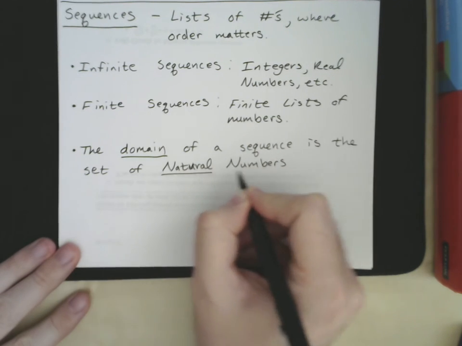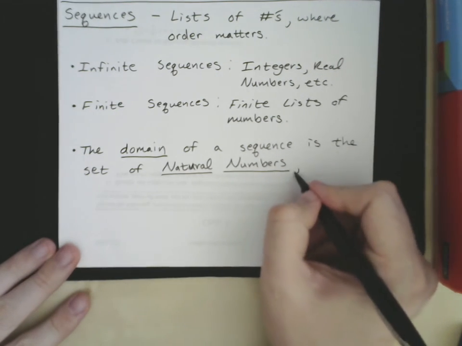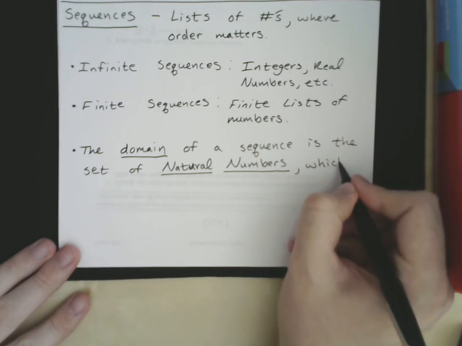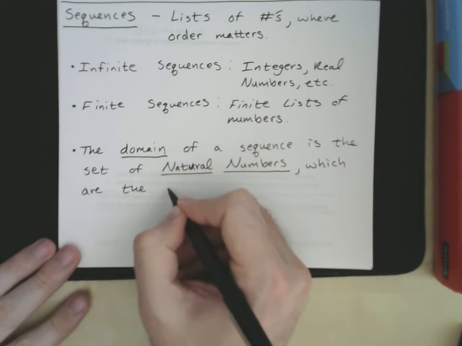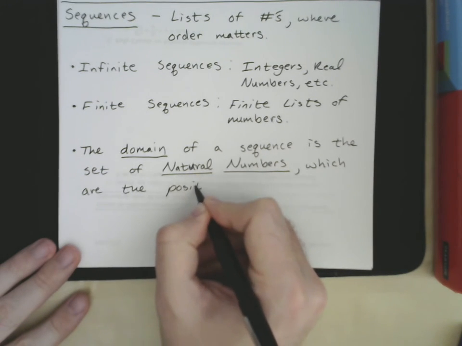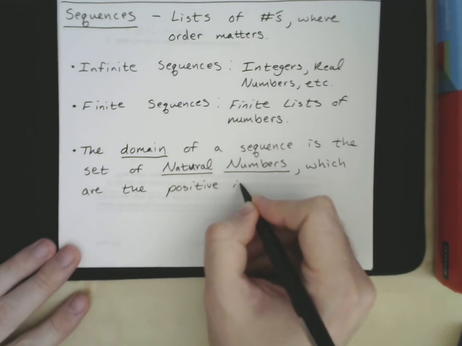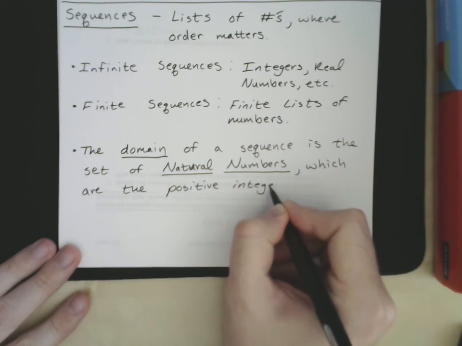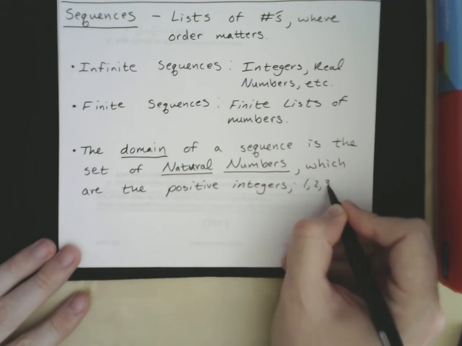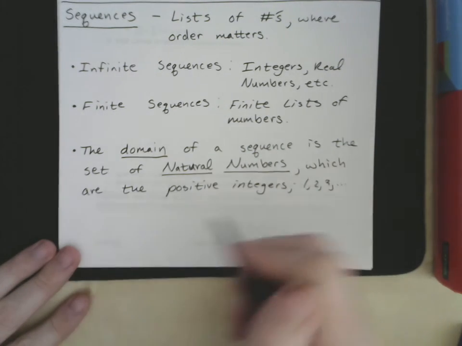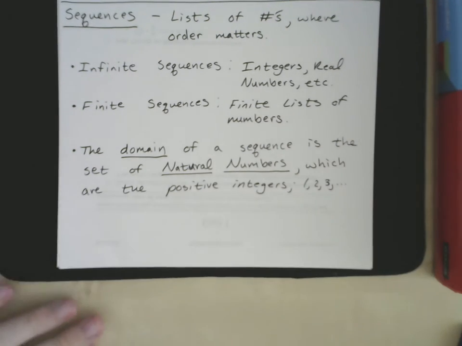Now, the natural numbers are something we already know. They're just the positive integers. So 1, 2, 3, etc. Notice we don't include 0 here. Sometimes people include sequences with 0, but in general we do not.